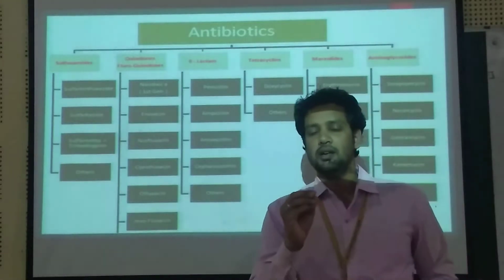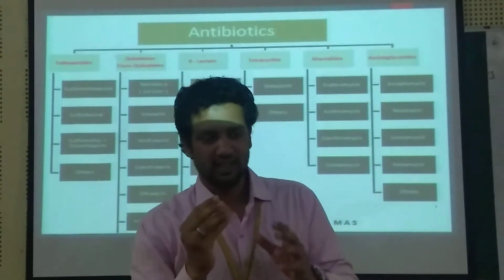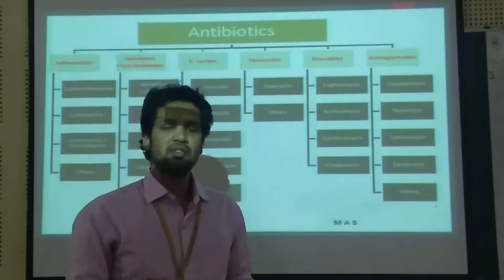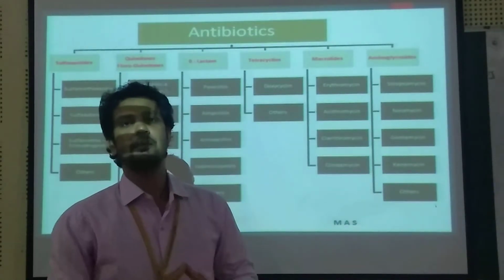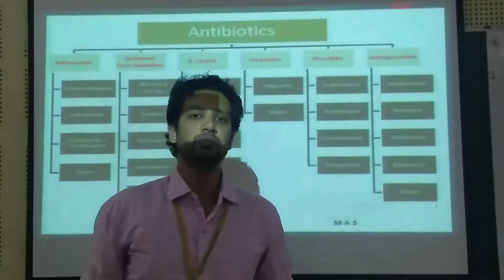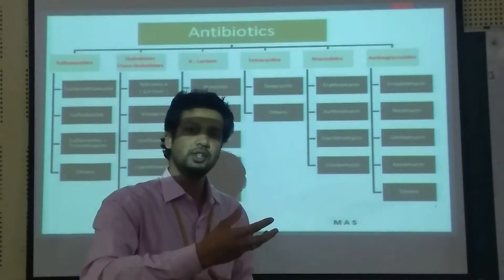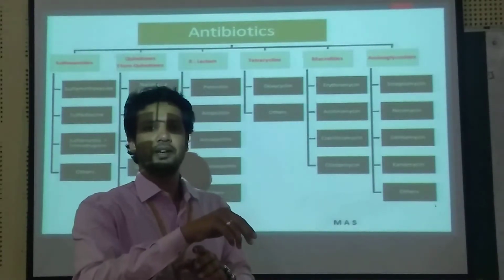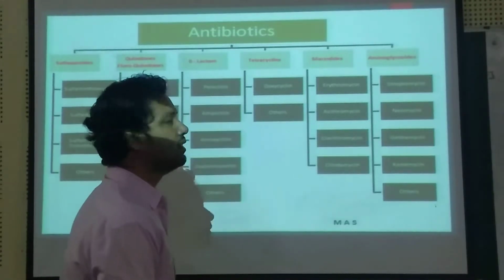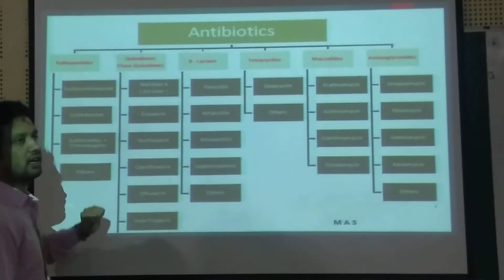Basically, a bacterium is made up of a single cell, and cells are made up of different kinds of amino acids. So there is a CONH bond. Basically, the antibiotics work on that CONH group and kill the bacteria, removing us from that infection or its multiplication and growth. So we have sulfonamides here.